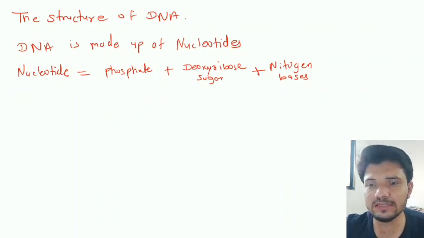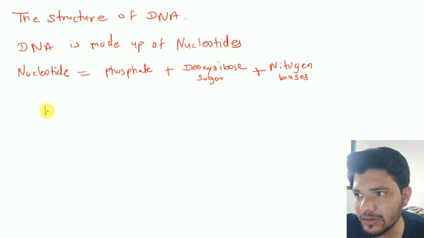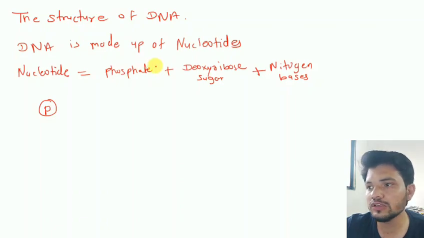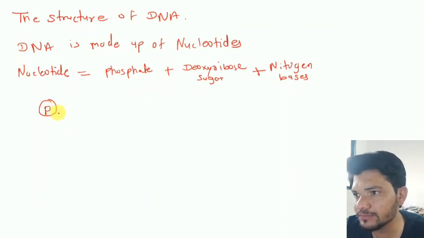So how will these three components join? The phosphate will be present on the outer side of the DNA strand.